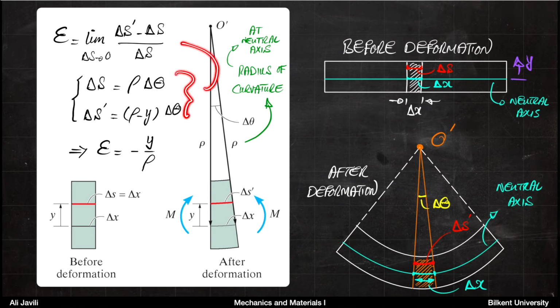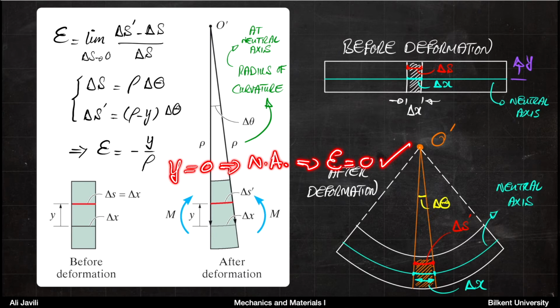And if you insert this into your strain formula, you see strain would be minus y divided by rho, which makes sense because you can imagine that if y is 0, you would be on the neutral axis, and on the neutral axis you expect the strain to be 0. If y is larger than 0, then you can see that strain is negative, which is compression, and that also makes sense.